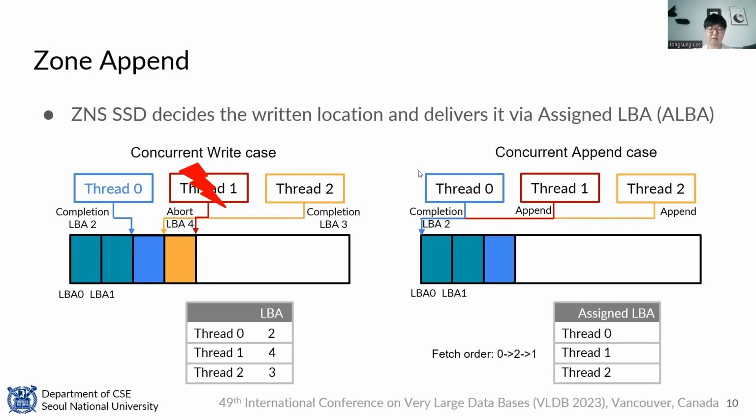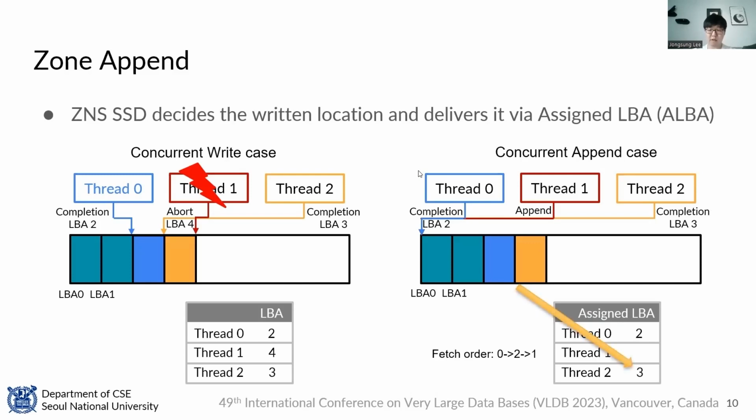ZNS SSD is now responsible for configuring the LBA. The current write pointer is 2, so it stores the data of thread 0 at LBA 2. It updates the assigned LBA field of the completion entry to notify thread 0 that the data is written to LBA 2. Then the append command of thread 2 is fetched and stored at LBA 3.